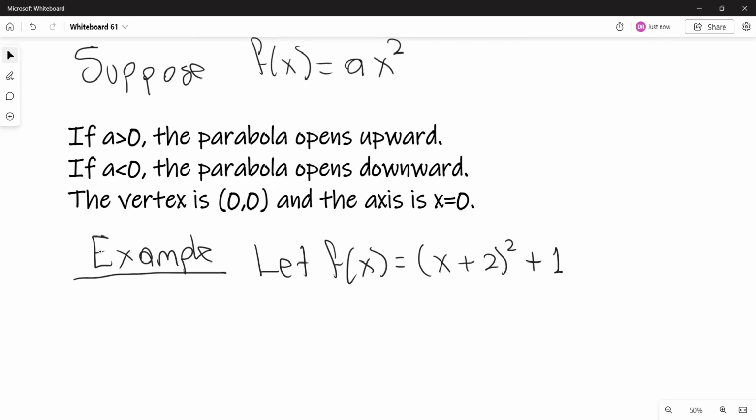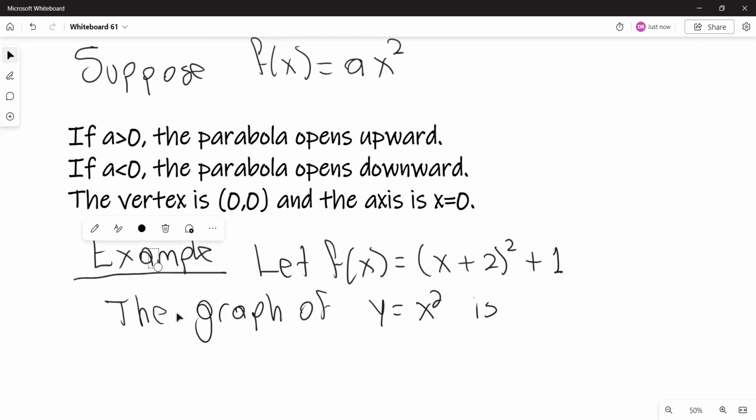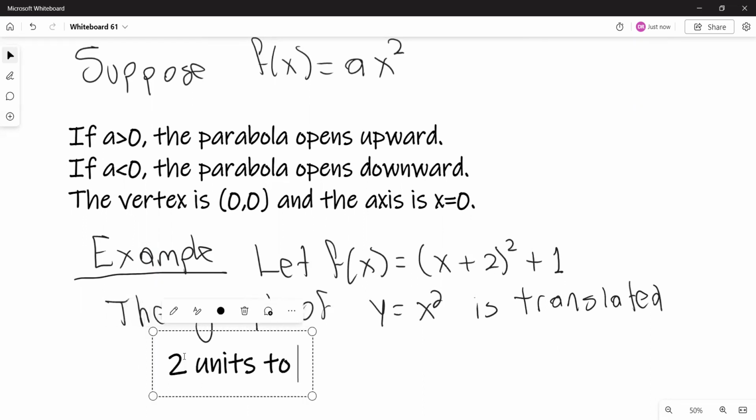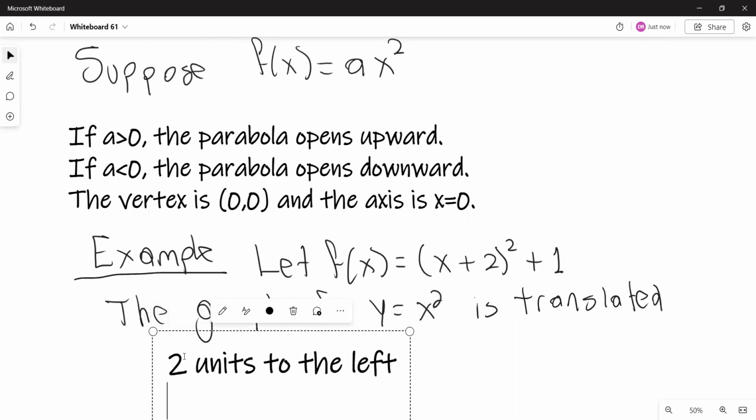We studied the transformations of functions, and we learned that the graph of y equals x squared is going to be shifted 2 units to the left and 1 unit upward.